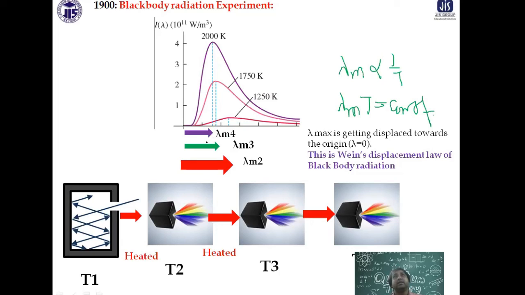So as you are raising the temperature, the maxima is displaced more towards the origin, or maxima is reached more quickly. This is the displacement law. I am talking about how the wavelength at which the maxima is obtained is shifted against the rise in temperature.